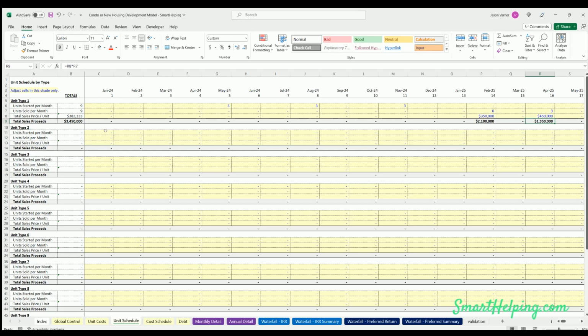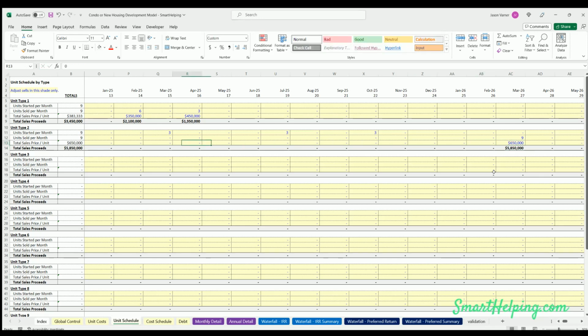Okay, let's say we start some of these down the road a little bit. Say we're going to build some of these here, here, and here. So another set of 9, and then we're going to sell them maybe after a couple months, and we think we can get maybe 650,000 each.